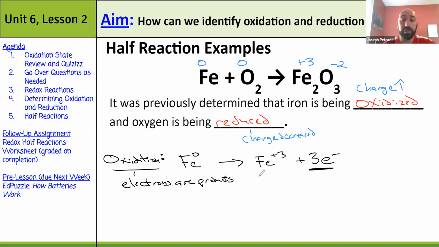The charge on the reactant side, in this case 0, must balance the charge on the product side. In this case, +3 and -3 is also equal to 0. We'll make sure that we follow that with the other as well. So once again, this is our oxidation half reaction. Now, let's go through our reduction half reaction.